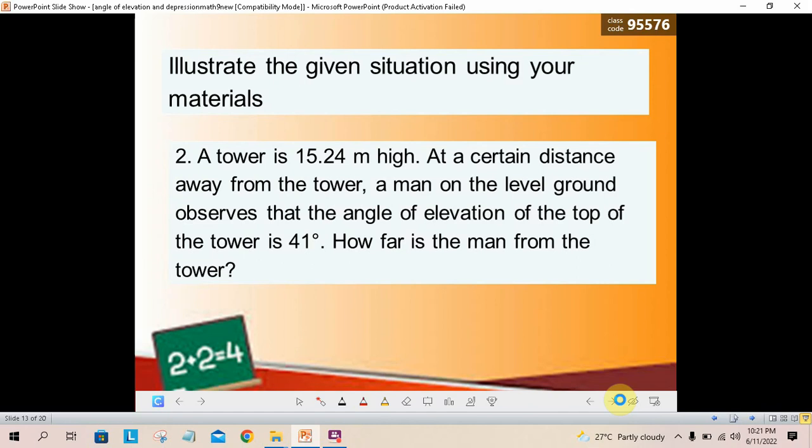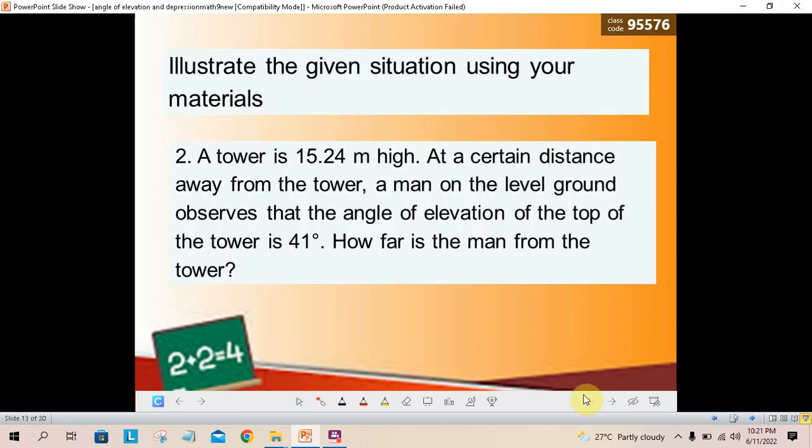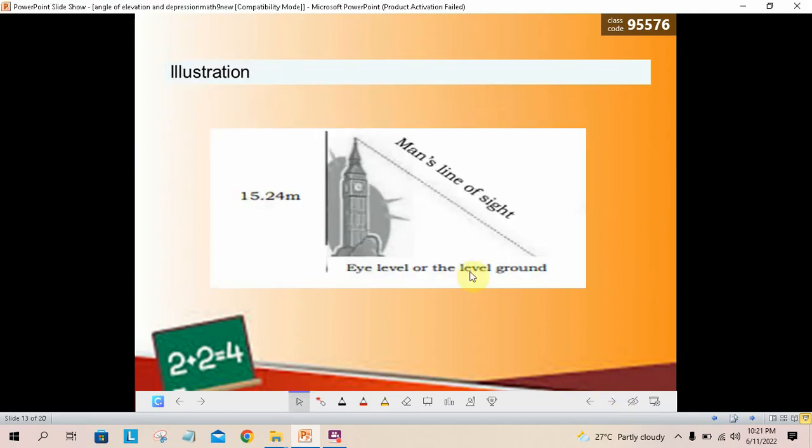So what will be your illustration? You have here man's lines of sight, and you have here eye level or the level ground, and you have here the height, which is 15.24 meter. So what is asked in the problem, how far is the man from the tower? Again, you are also solving for the values of x here.